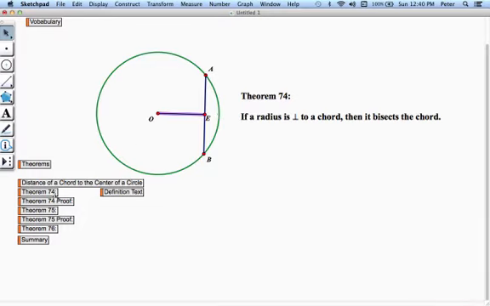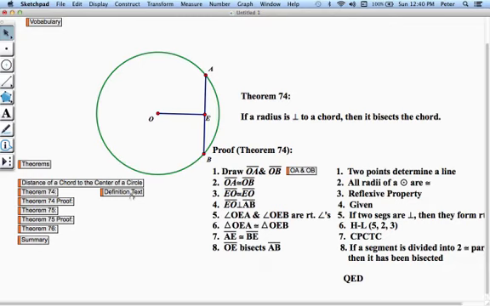All right, so I'm also going to draw in OA and OB as auxiliary lines because I'm going to need those. Now, since OA and OB are radii of the same circle, we know that they're congruent. OE is congruent to itself by the reflexive property, and since I know that this radius OE, or part of the radius OE, is perpendicular to AB, then it must form two right angles there.